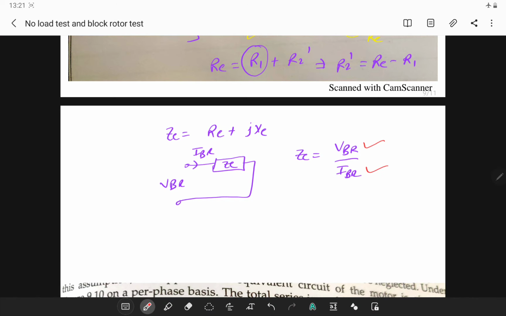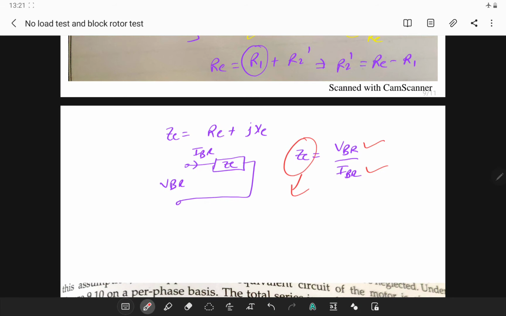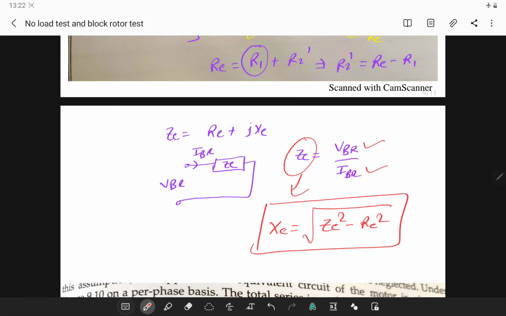This I know. I will know this by dividing Vbr and Ibr. Further, I will find the value of Xe, which will be the square root of Ze square minus Re square. So you know the value of Ze and you know the value of Re.